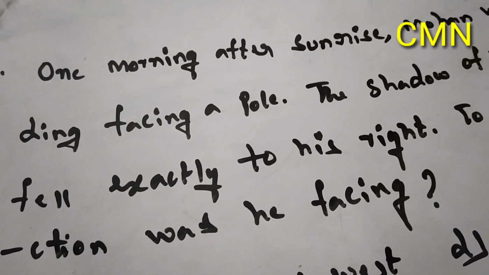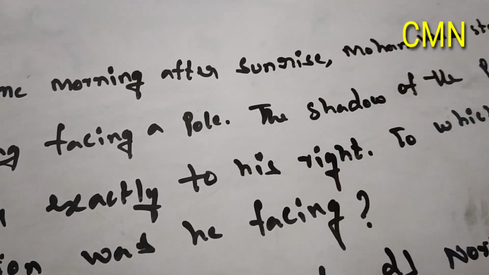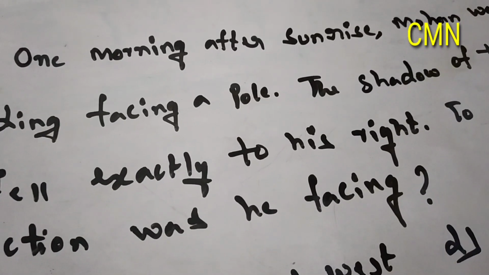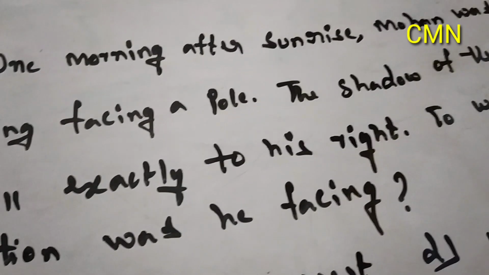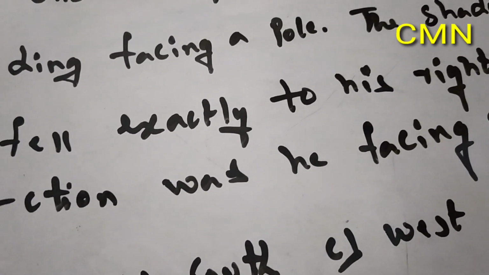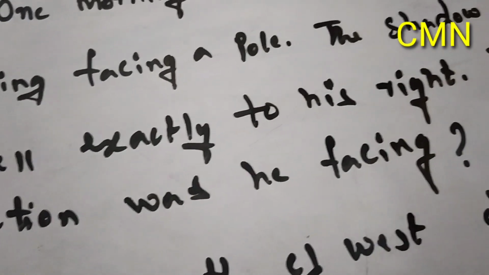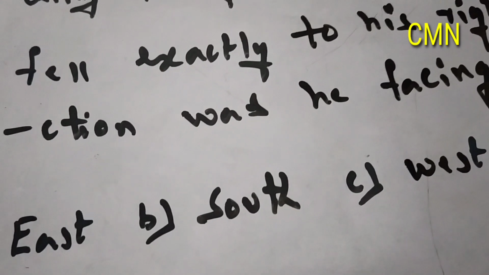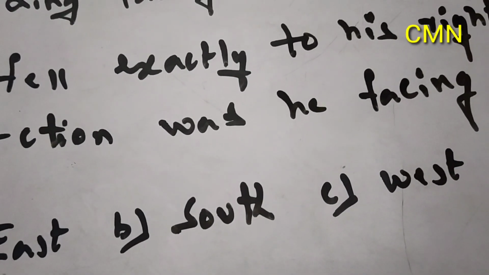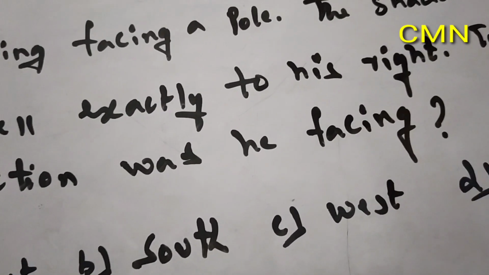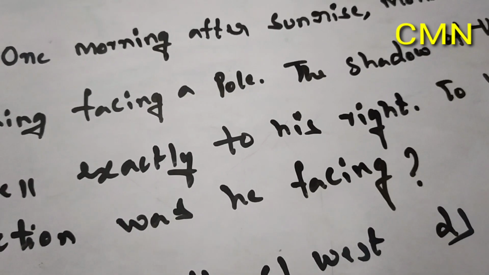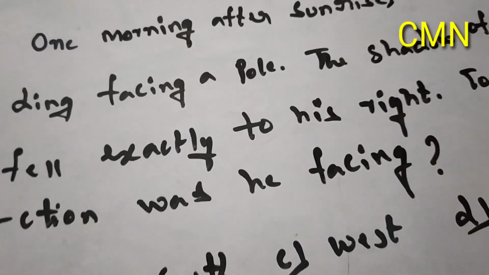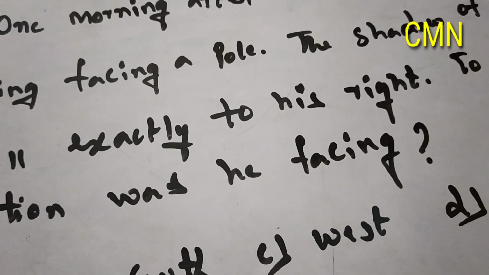One morning after sunrise, Mohan was standing facing a wall. The shadow of the wall fell exactly to his right. To which direction was he facing? In the morning, that means the sunrise concept.